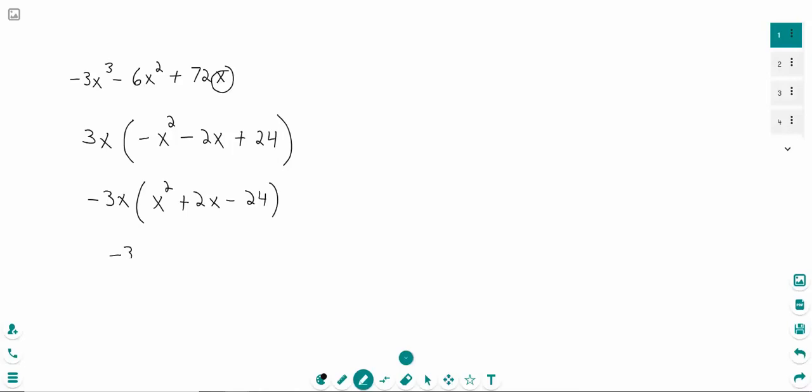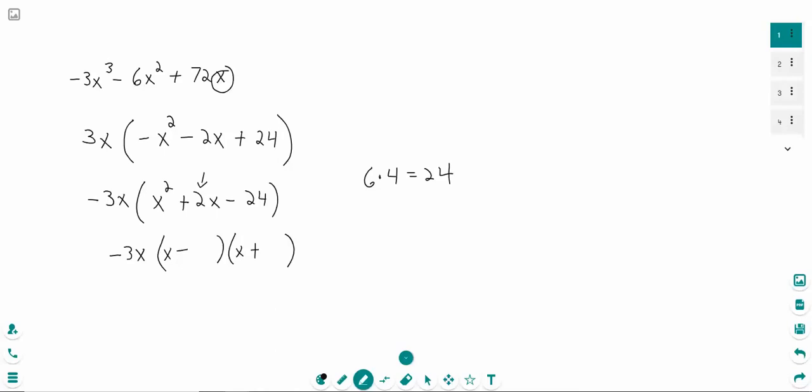So we have the -3x, and then we're going to set this up into two parentheses here. Our x's will be distributed through. The negative sign indicates opposites. So one's going to be a negative, one's going to be a positive. 24. We're looking for two factors of 24 that can somehow combine to give us a 2. And I think of a 6 times 4. Well, that's 24. And then if I take that 6 minus a 4, I will get this 2.